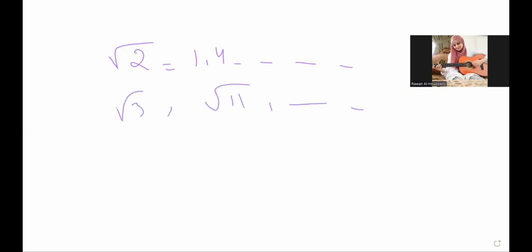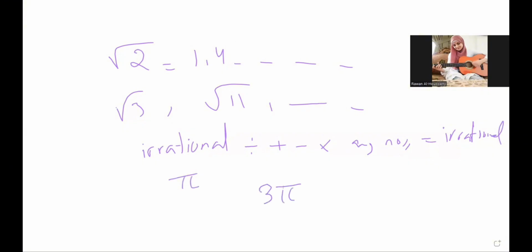I want to give you a note: for example, an irrational number, if it's divided by, added to, subtracted from, or multiplied by a rational number, it's still irrational. It keeps giving us an irrational number. For example, we said pi is irrational, so 3 pi, meaning 3 multiplied by pi, is still an irrational number.